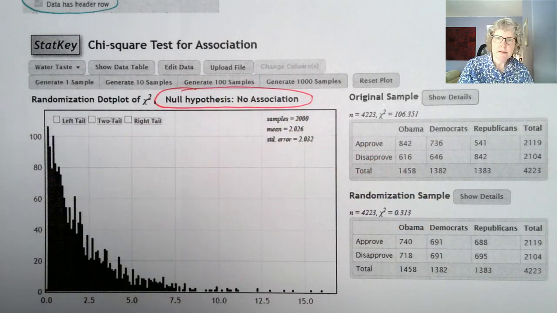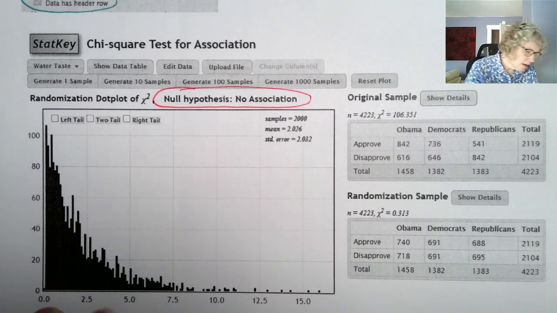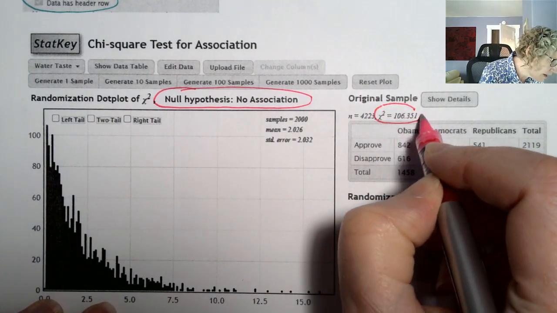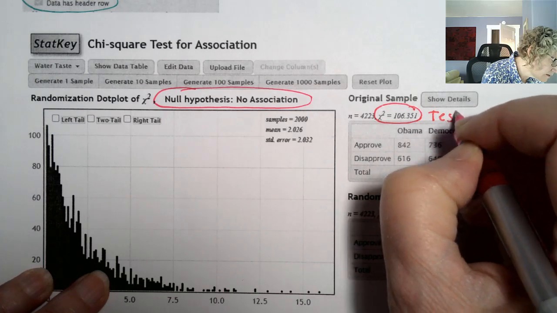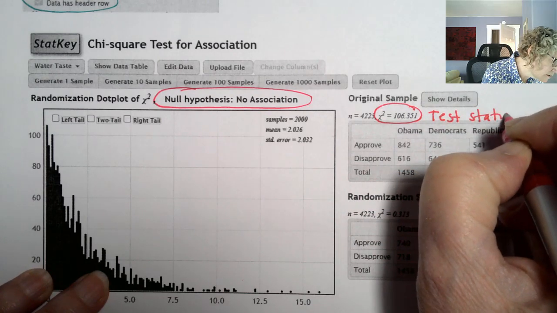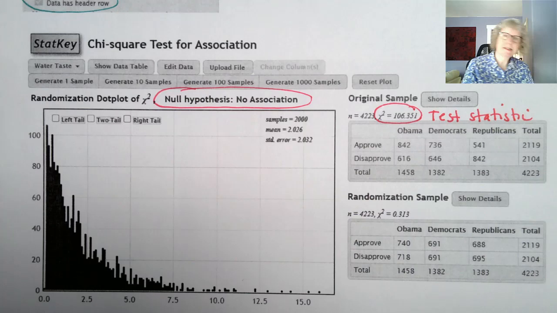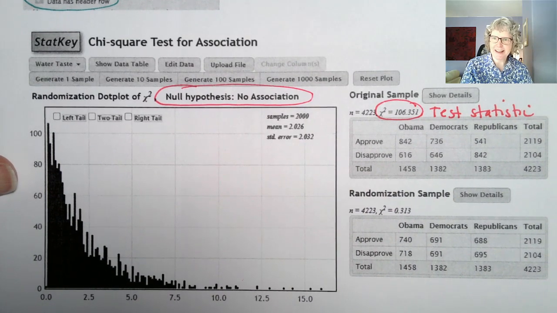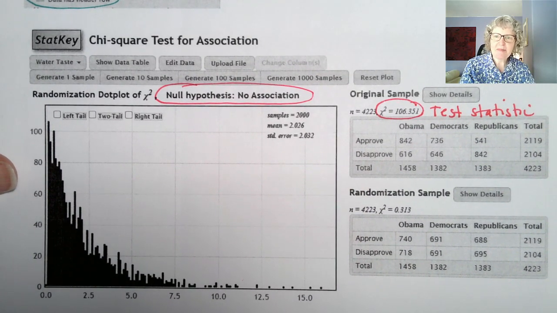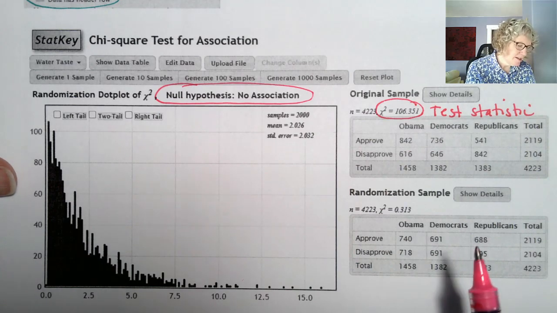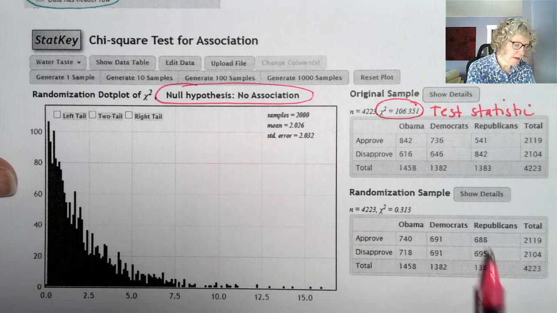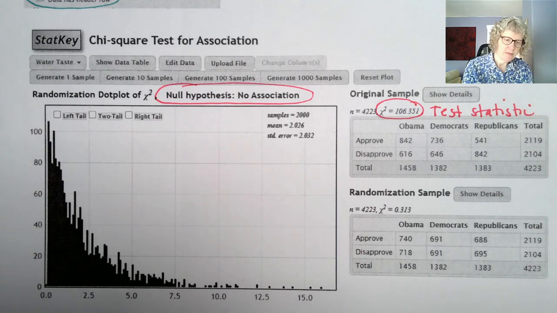Our null is no association. And then this is our chi-squared test statistic. Oh my gosh, that's hard to say. Test statistic. Okay, and then remember this down here is just the last sample generated, the last simulation generated.